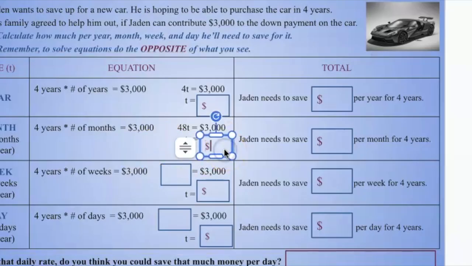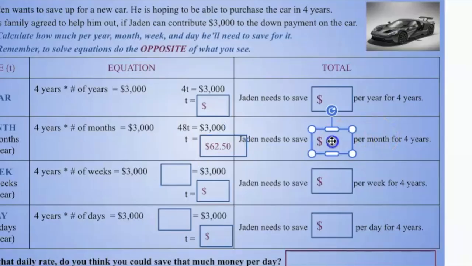So would you please, in this box, type $62 and 50 cents. Jaden needs to save how much per month? Every month. For 4 years? $62.50. So also put that here. You can stretch out that box if you need to.